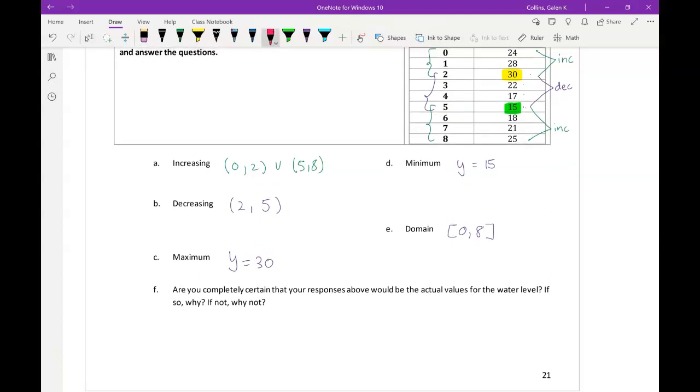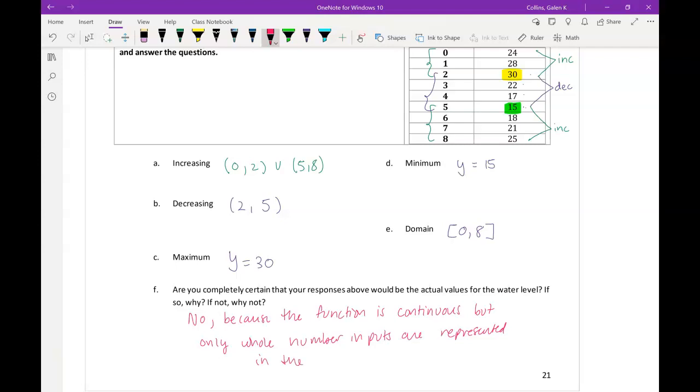I'm going to tell you a hard no. No, and the reason is because the function is continuous, but only whole number inputs are represented in the table. Now, you could write something else there. That was just the sentence that came to my mind just now.